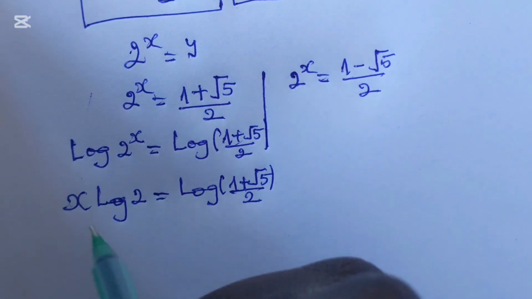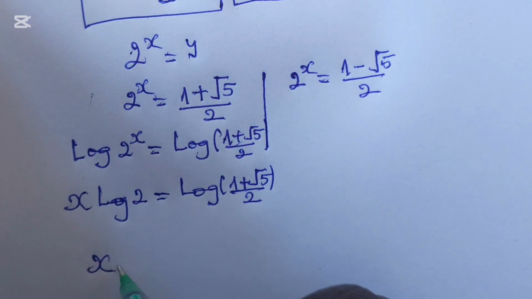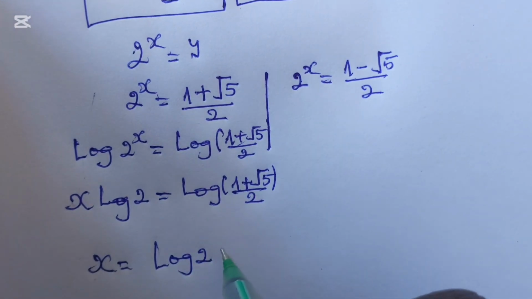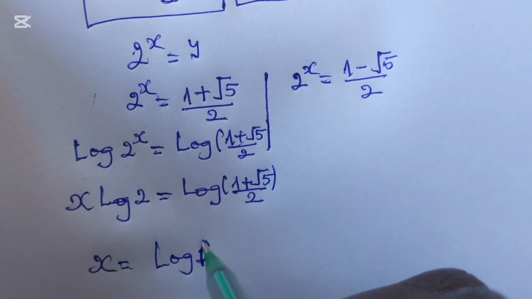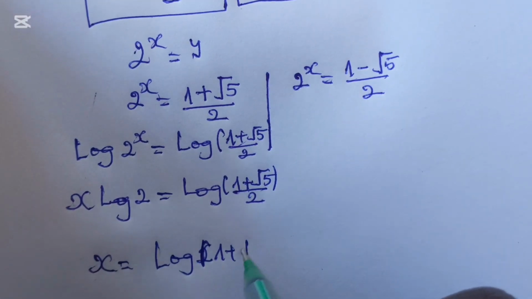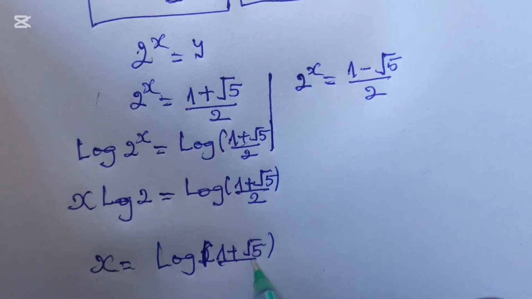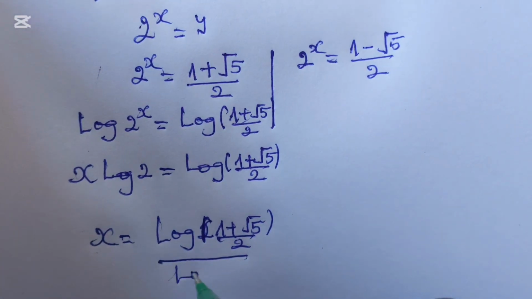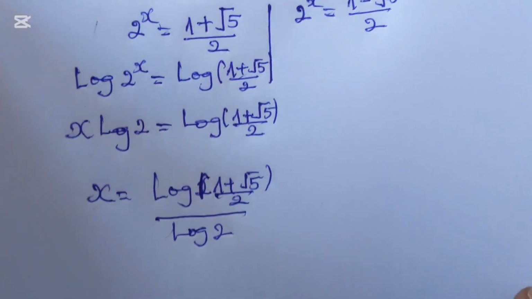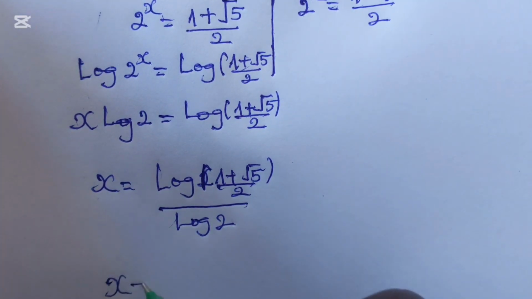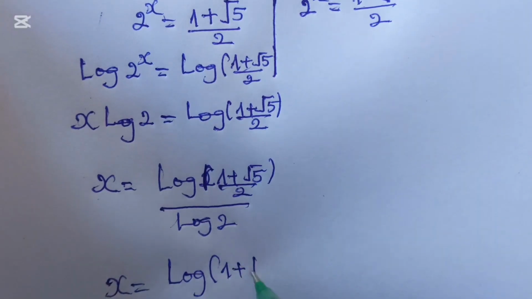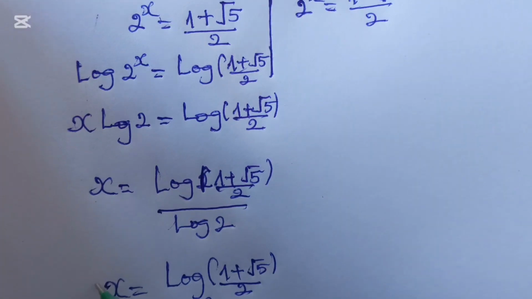Then here x1 will be logarithm of 1 plus square root of 5 over 2, divided by logarithm of 2, which implies that x here will be logarithm of 1 plus square root of 5 over 2 to the base 2.